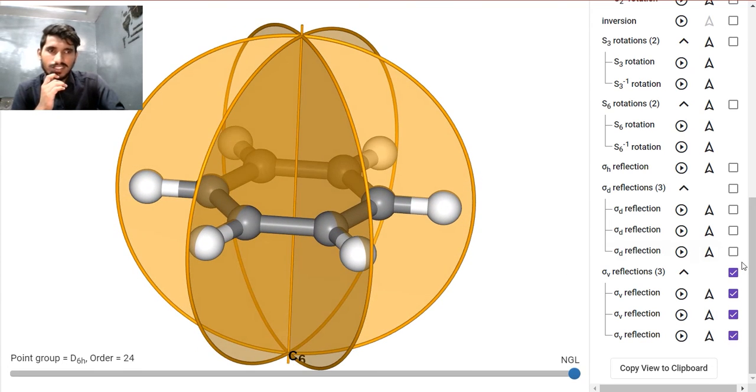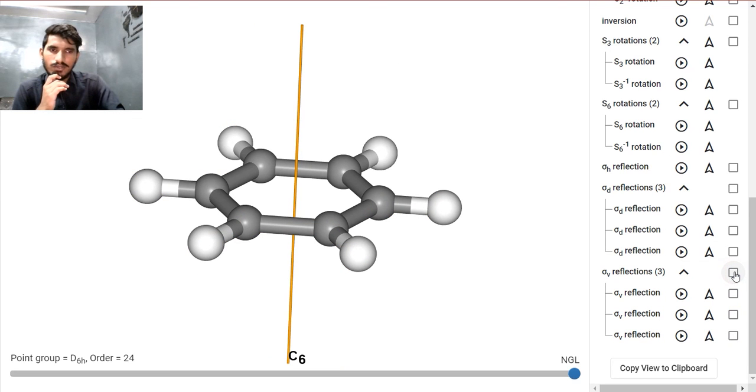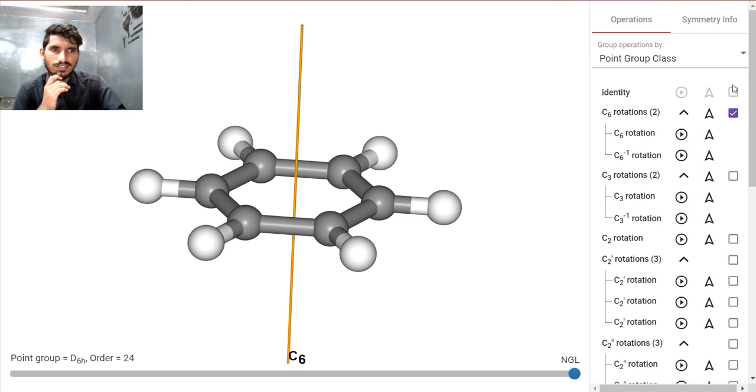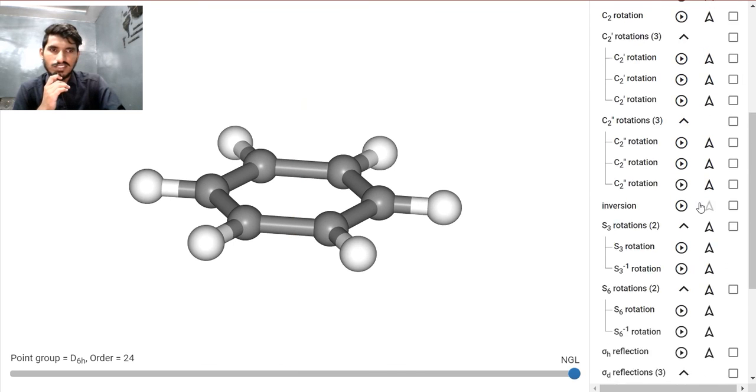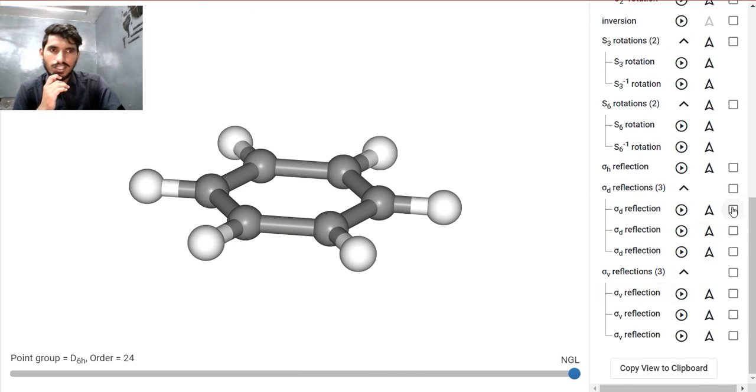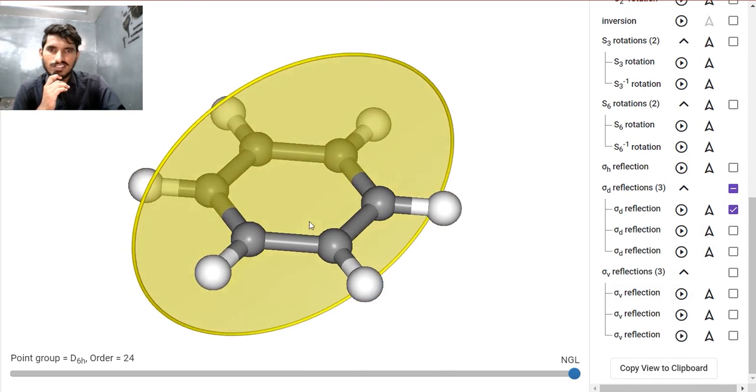So now these are the sigma v's that we have in the benzene molecule, but we also have sigma d's. What are sigma d's? Sigma d's are actually those planes of reflection that are present between two C2 axes. Okay, first of all, let me just remove the C6. So here I have the C6 removed. So here as you can see, I have a sigma d.